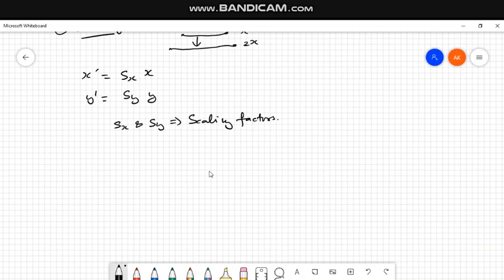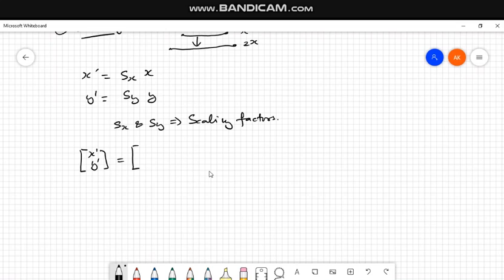Suppose we have to just scale a point, एक point है जिसको हमको scale करना है, बड़ा करना है, फिर छोटा करना है, then the equation will be (x dash, y dash) equals, यहाँ पर हम एक मैट्रिक्स यूज करते हैं.